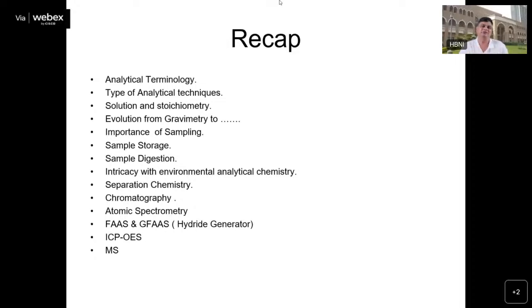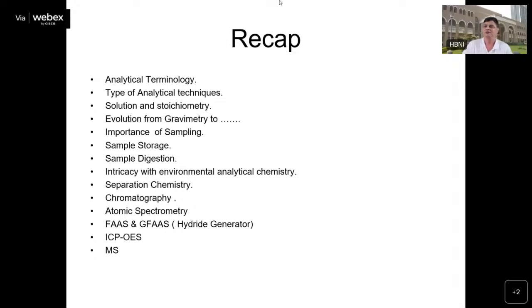Then the other thing we have seen is ICP-OES, and the basic difference in ICP-OES is that here again the temperature is higher than in the analytical zone. Basically the temperature goes up to 10,000 Kelvin, but we do most of the analysis at about 5,000 to 6,000 Kelvin. And here we can use the emission lines, because FAAS and GFAAS are absorption techniques generally governed by the Lambert-Beer law, whereas ICP-OES is an emission technique.